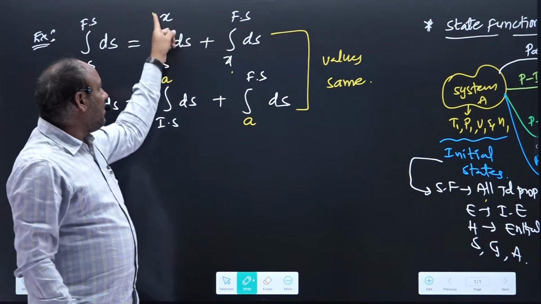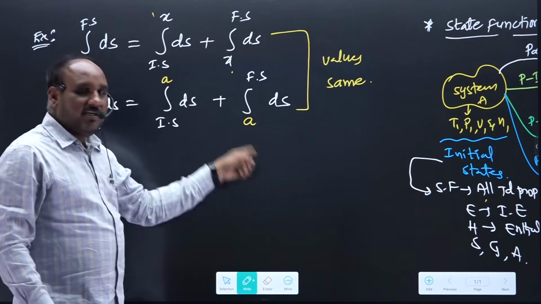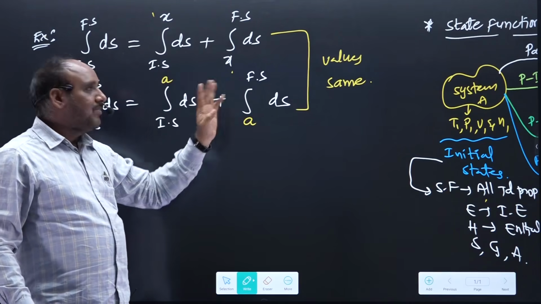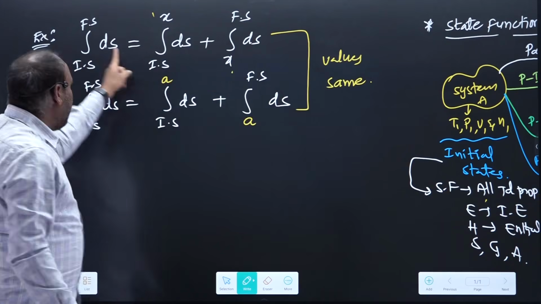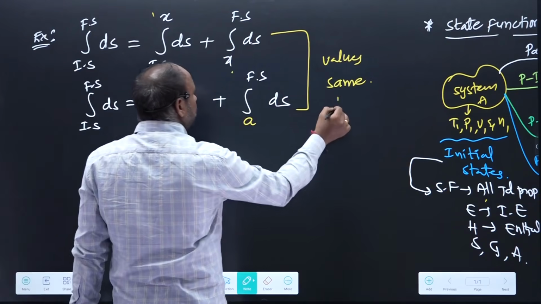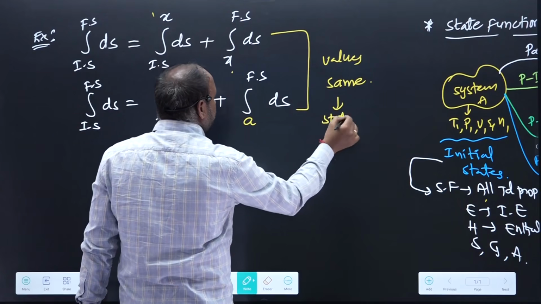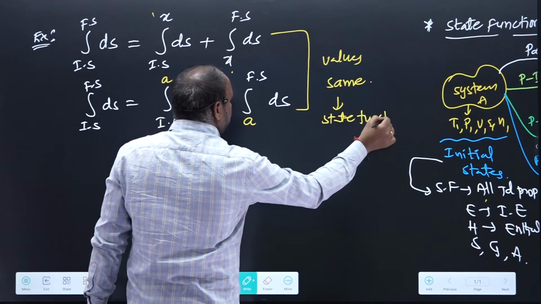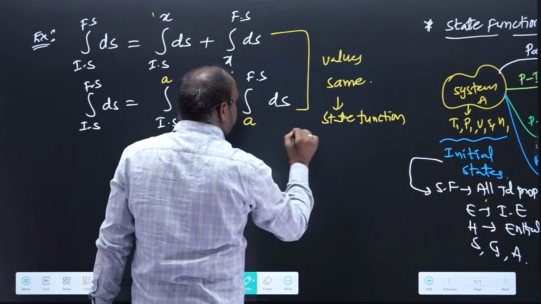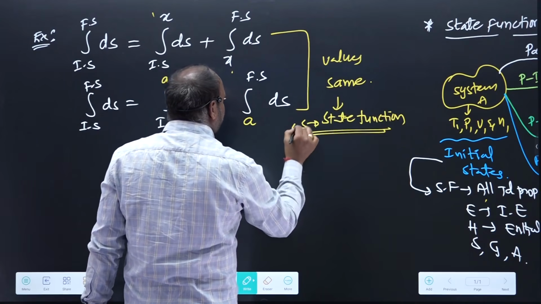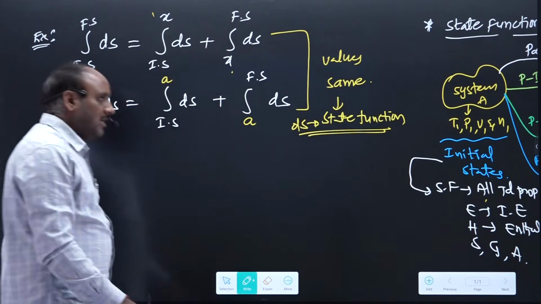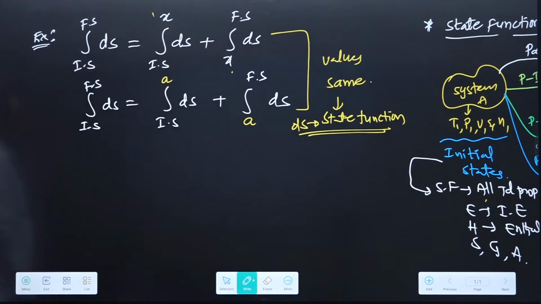Here the pathway is x and here the pathway is a. Whatever the pathway, the final values will be the same. Therefore ds is a state function. Means entropy is a state function, therefore s is a state function, or ds is a state function.